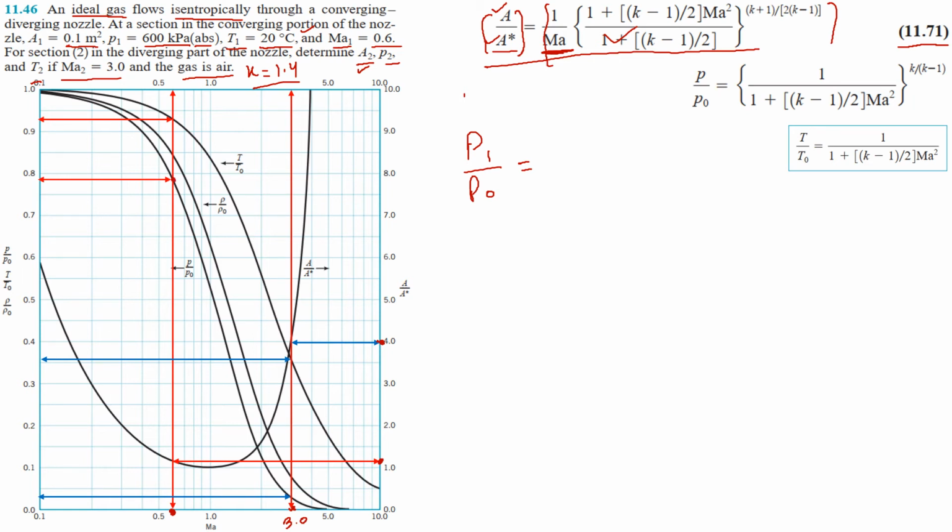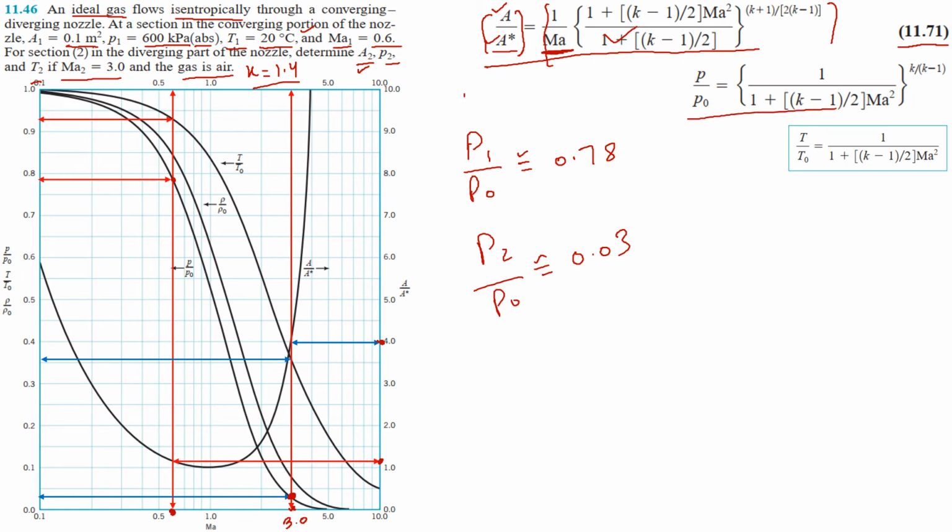So P1 over P0 is approximately equal to 0.78. Similarly, P2 over P0 will be given to us by this line, and this line is coinciding with this right here. So it is very small, and it will be approximately equal to 0.03, let's say.